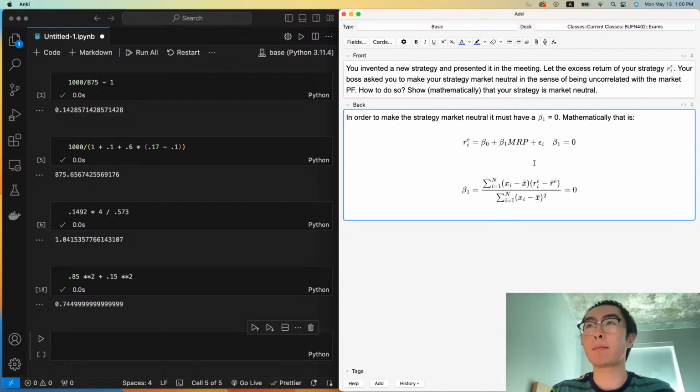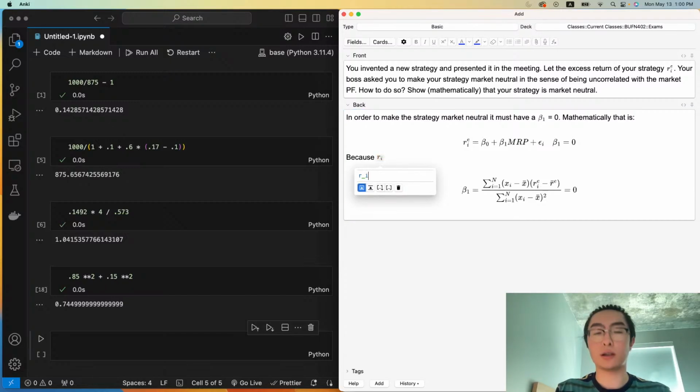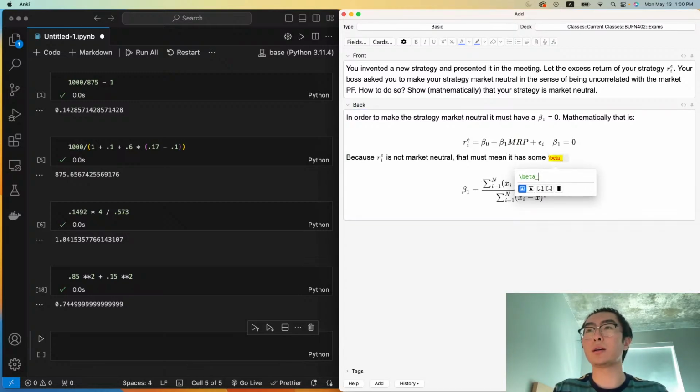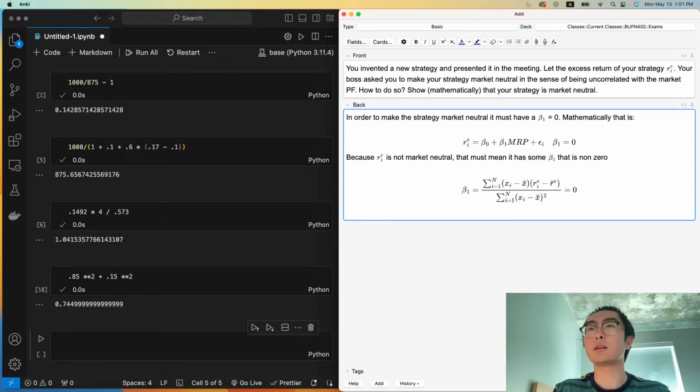Actually, okay. We assume that, because R_i is not market neutral, that must mean it has some beta i that is non-zero.